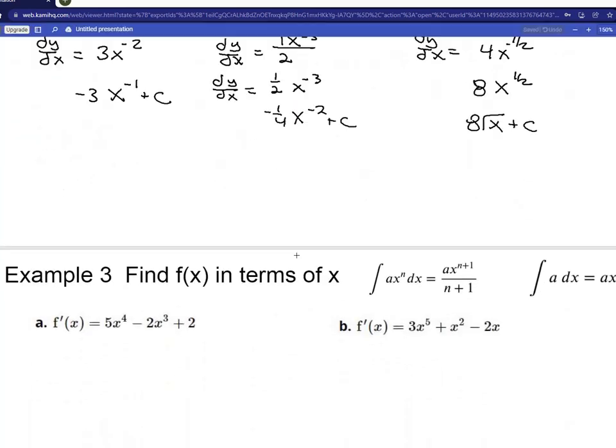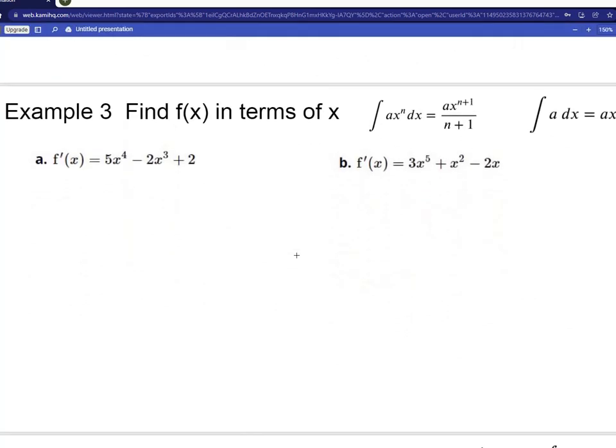So take a look at this one then. Take a second and find the antiderivatives of those.